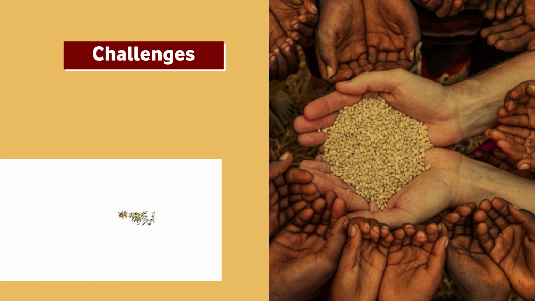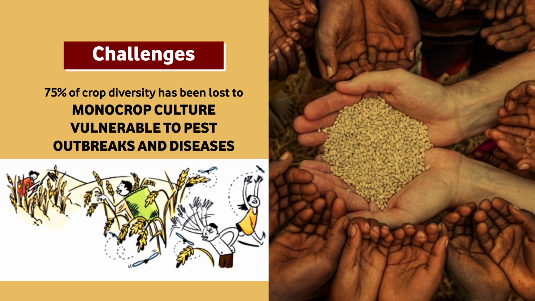Then another challenge in front of us is that when we talk about food, it is about crop biodiversity. 75% of crop diversity has been lost through industrialization and the need to feed millions of people across the world.